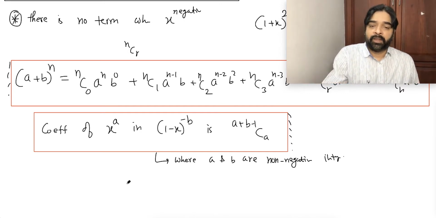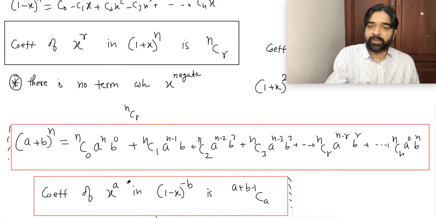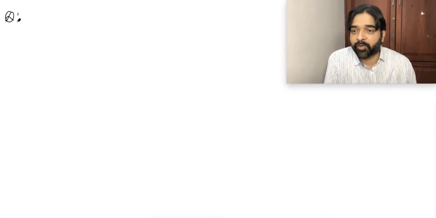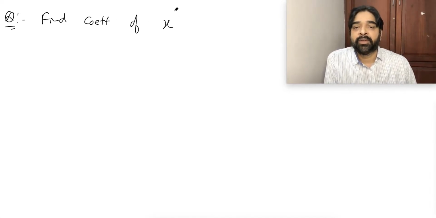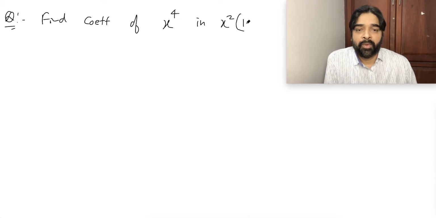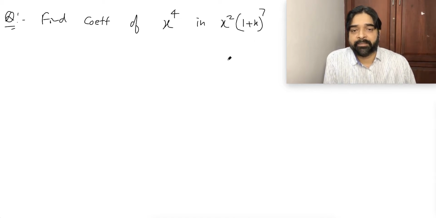Now, let's use this logic and try to do some questions. Not PNC, first we are learning coefficients. Find the coefficient of x power 4 in x square into 1 plus x power 7.